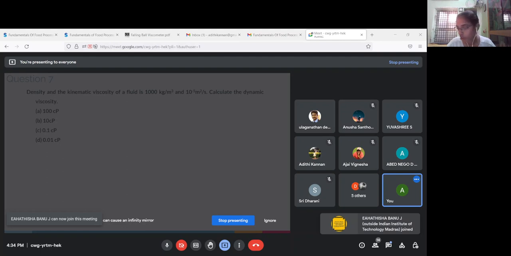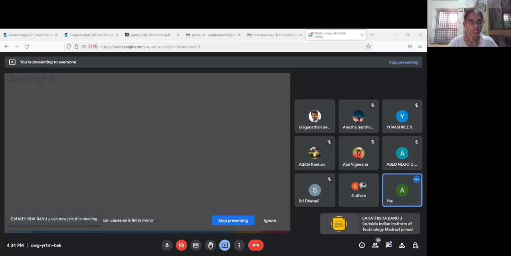So what is the answer to this now? 10 centipoise. Yeah. So kinematic viscosity is equal to dynamic viscosity by density, and if you substitute the values, you get 0.01 Pascal second. In other words, it is into 10 power 3 centipoise. That is 10 centipoise. So the correct answer to this question is option B.